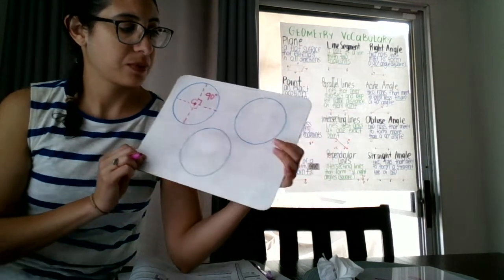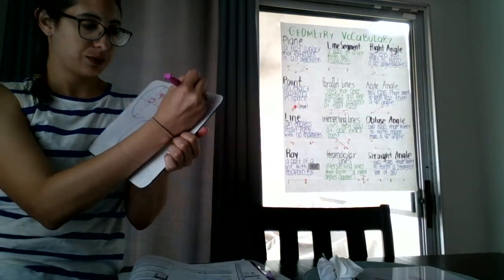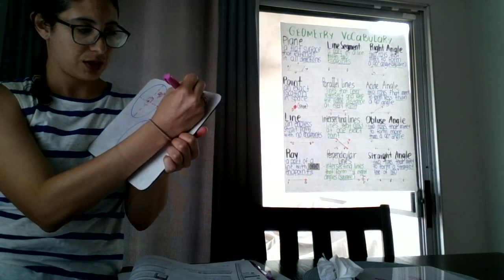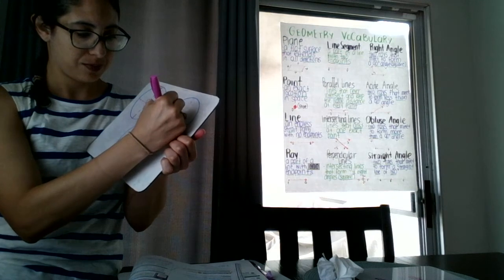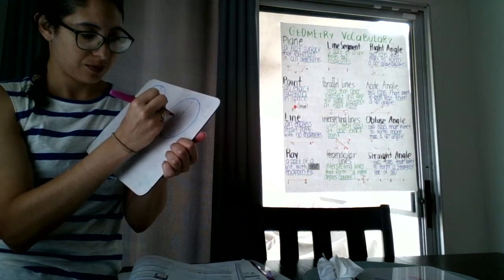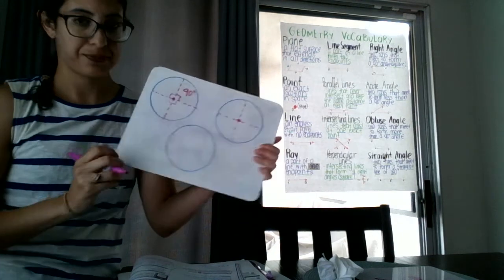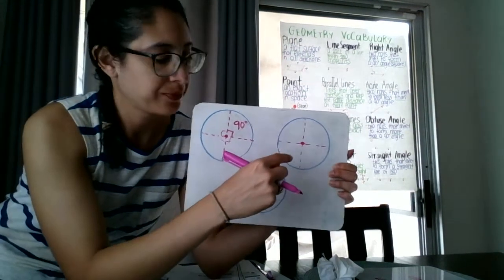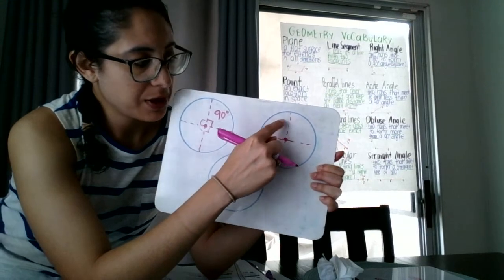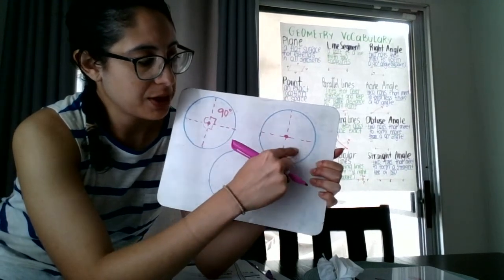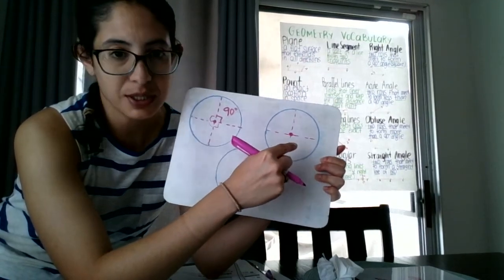Now, I'm going to do the same thing over here. And I'm going to make my center point. Okay, I made my center point. So we have fourths, and we know that each fourth is equal to 90 degrees.